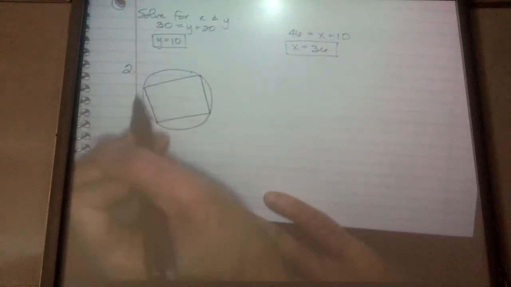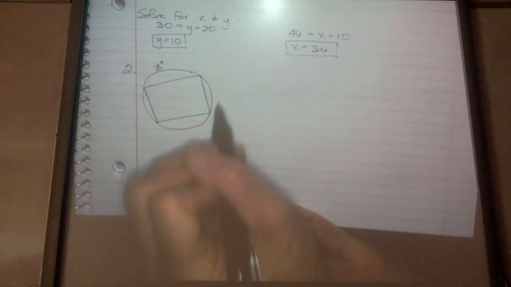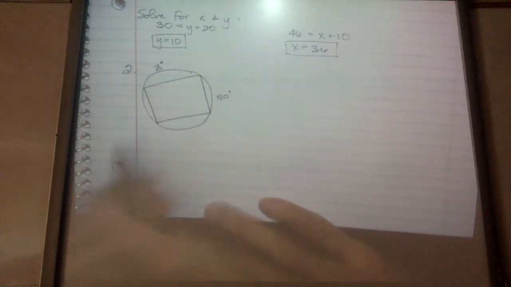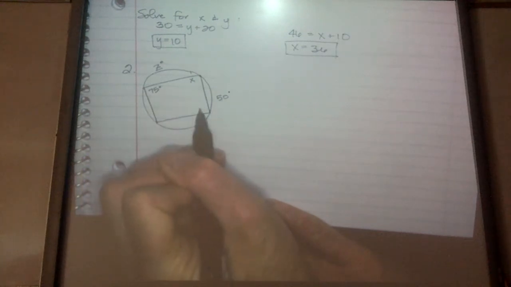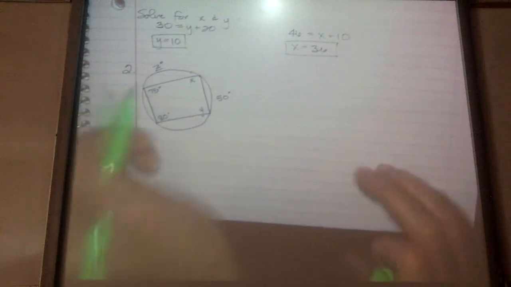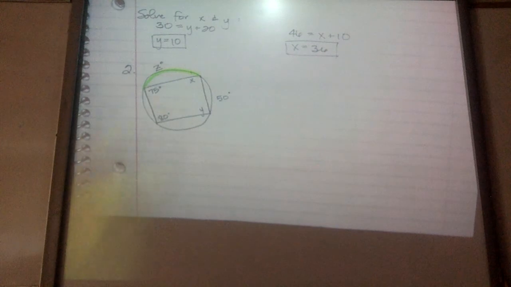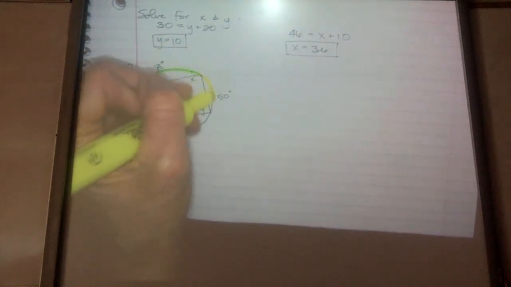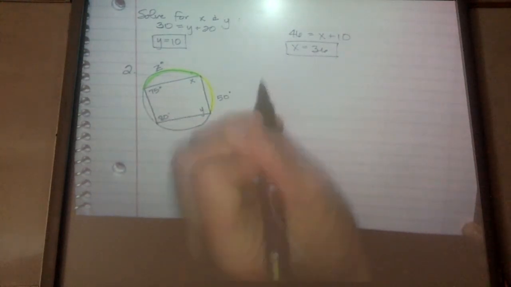I'm going to label this up here as Z, this here 50, and this 75, X, Y, and this is 80 degrees. So they're saying this arc is Z, and this arc here is 50. They would like me to solve for X, Y, and Z.